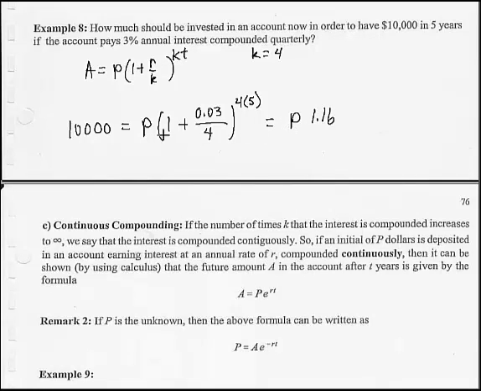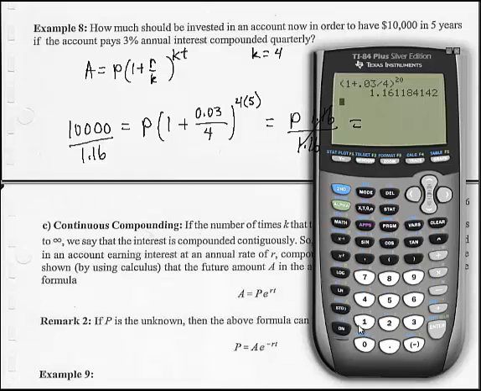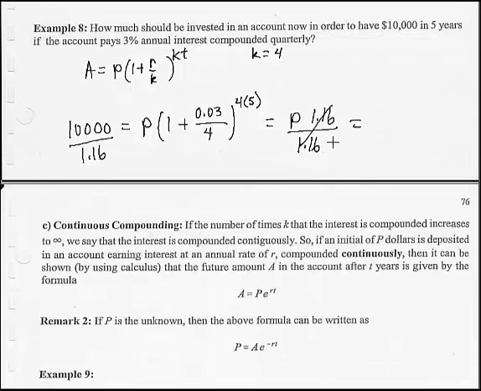So here's our equation. 10,000 equals P times 1.16. If we just simply divide both sides by 1.16, 1.16 cancels out, and so P would equal 10,000 divided by 1.16. $8,620 would be our principal.